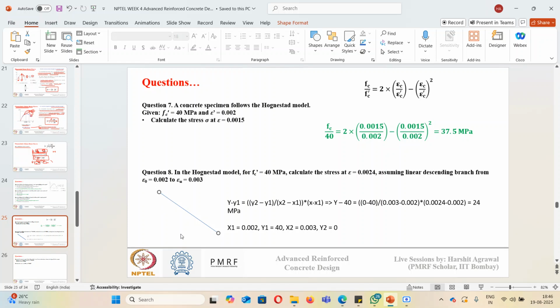The coordinates of these 2 points are known to me, x1, y1 and x2, y2. Using those coordinates, I derived the equation of this line, and in that equation I put x equal to 0.0024 so that I can calculate the corresponding y. y is my stress and x is my strain.